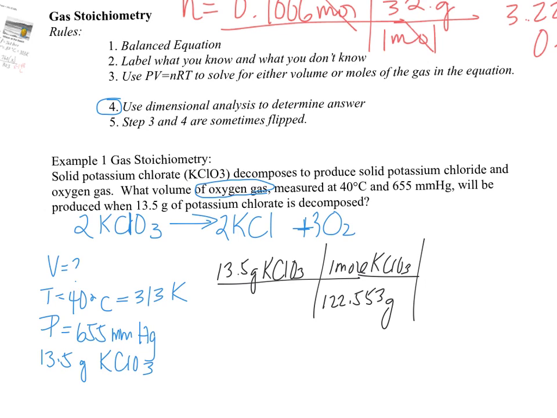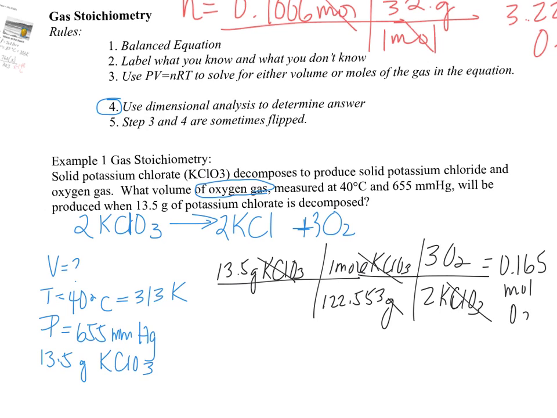And in my equation, I have 2 KClO3, and I have 3 O2. And that's my moles. So that's going to give me grams, that's going to cancel, moles is going to cancel, and I'll be left with moles of O2, which is going to be 0.165 moles of O2. So we just did some review of dimensional analysis there.